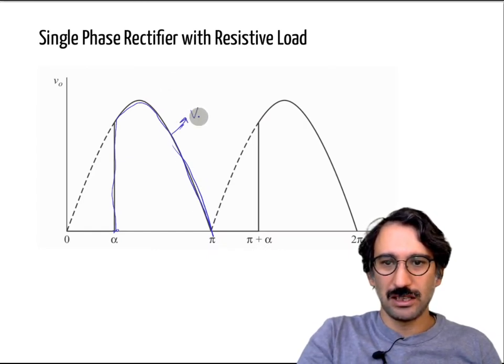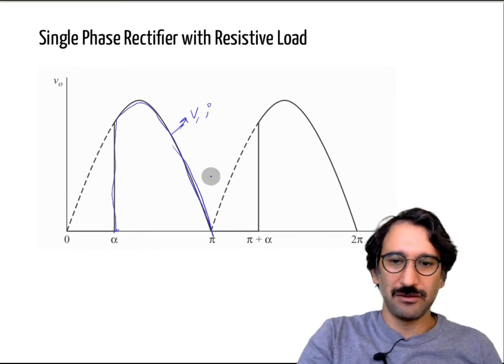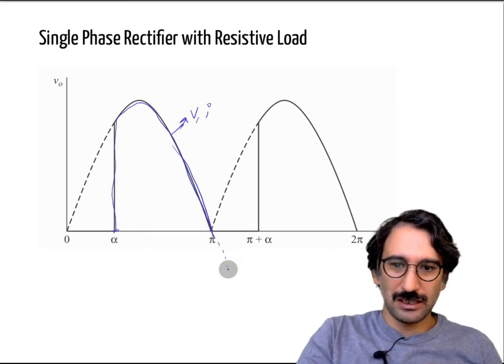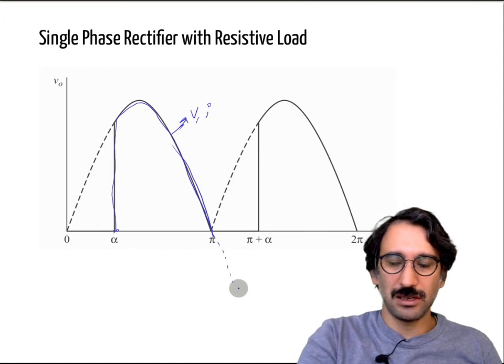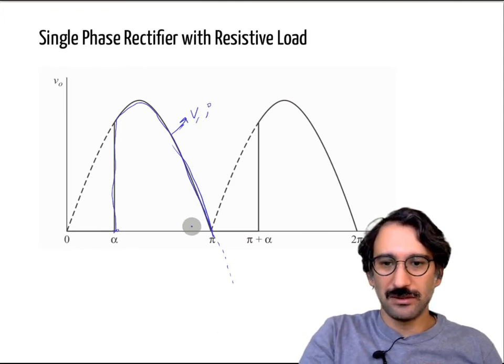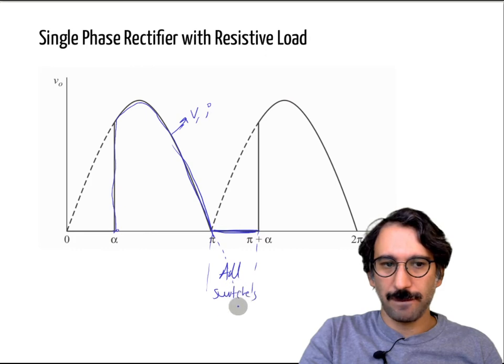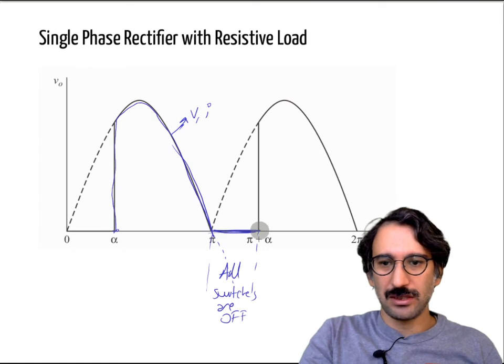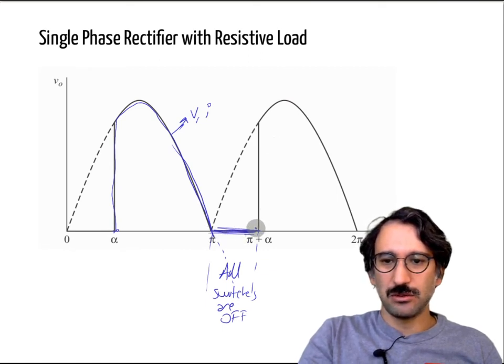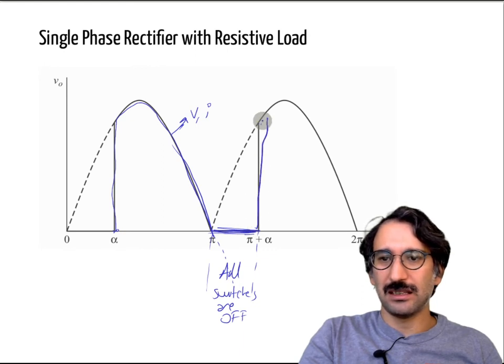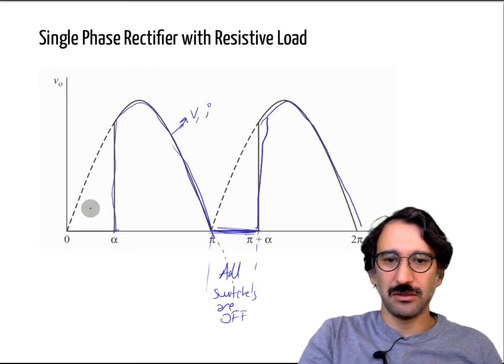The voltage and the current have the same waveform, but the current cannot go into the negative range because there is no path for that. So at that instance, all switches are off. So there is some part where you are not drawing any current from the grid, and next you apply again, and then you have that kind of waveform.